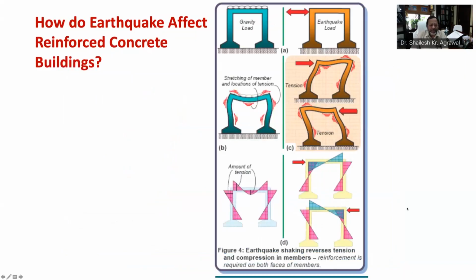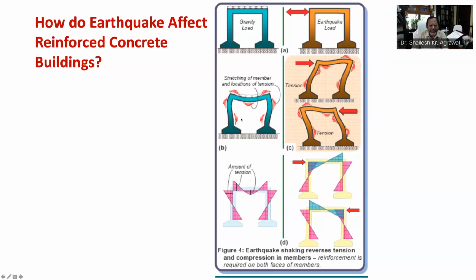Now you can see this figure 4, which tells you how horizontal earthquake effects are different from gravity loads, that is vertical load. As you know, gravity load is due to self-weight and contents of the building. It causes the RC frame to bend, resulting in stretching and shortening in various locations.